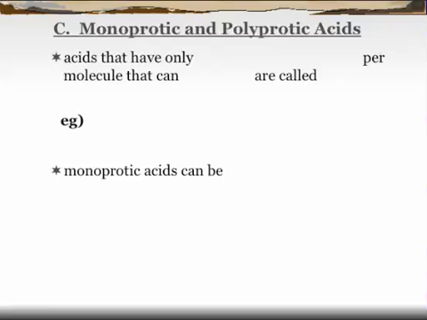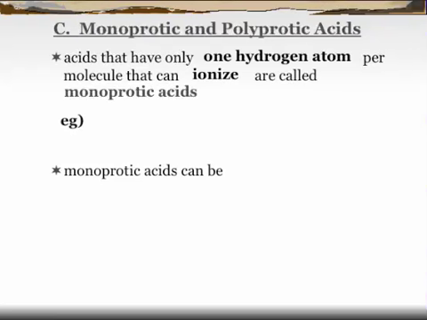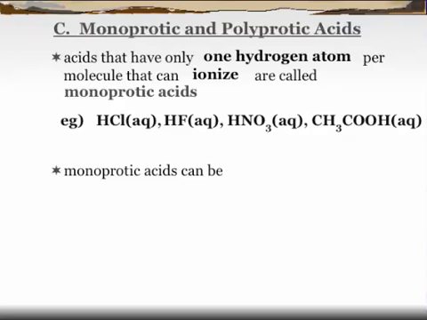polyprotic acid. So acids that have only one hydrogen atom per molecule that can ionize are called monoprotic acids. So for example, HCl, HF, HNO3, and CH3COOH. Monoprotic acids can be strong or weak.